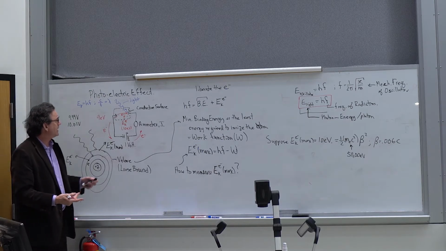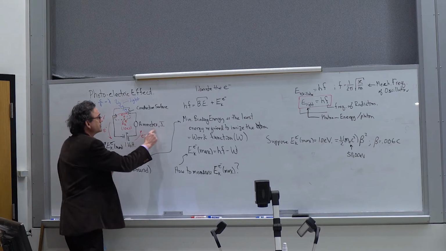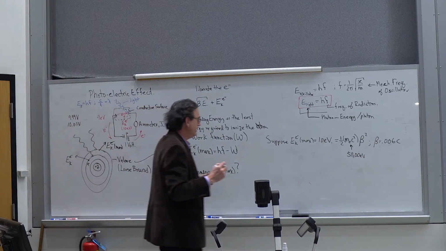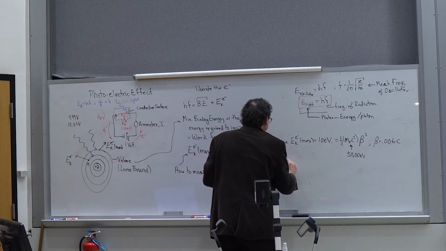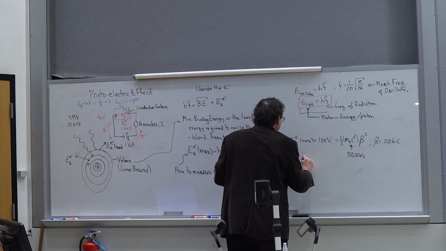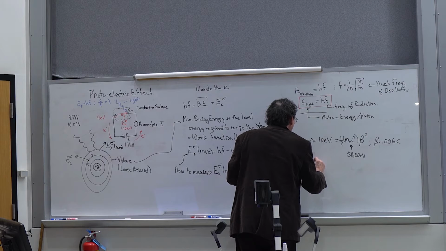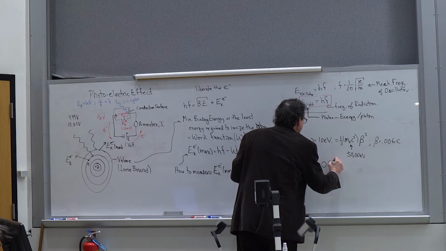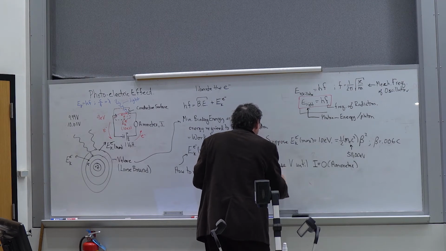So at a critical point in this voltage, the current stops. So I increase V until the ammeter reads 0. I equals 0 on the ammeter. And I call that the stopping voltage. So that is equal to V stop.